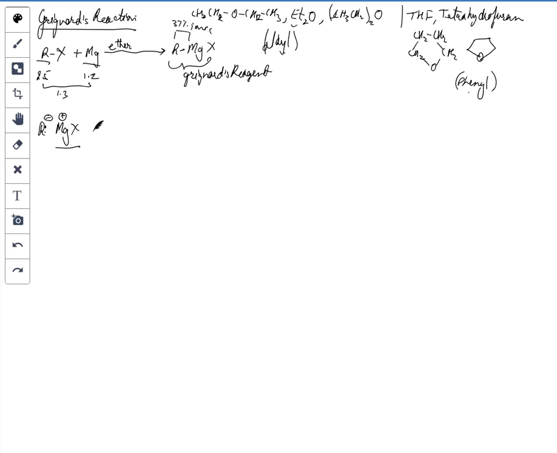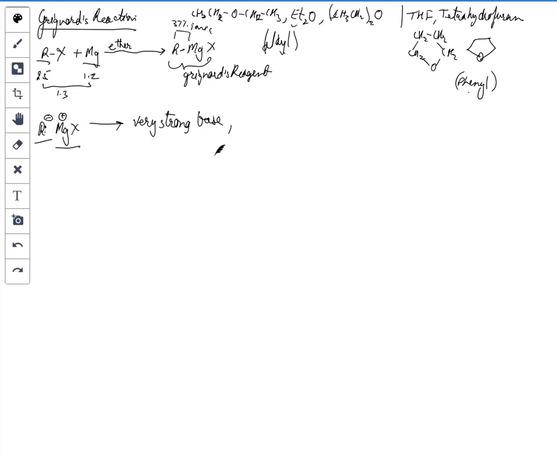Fine. So, a Grignard reagent will react with any species where R minus can attack. Just remember, Grignard reagent is a very strong base.